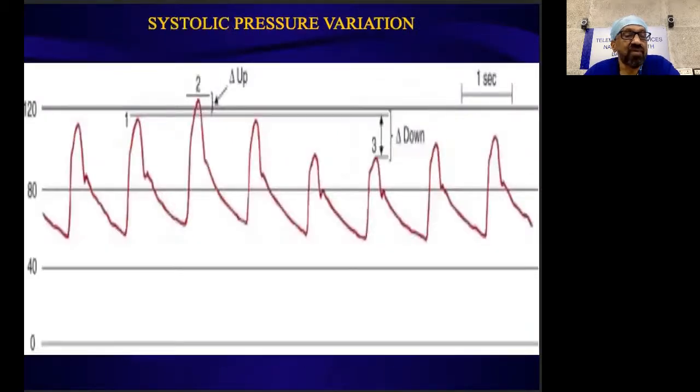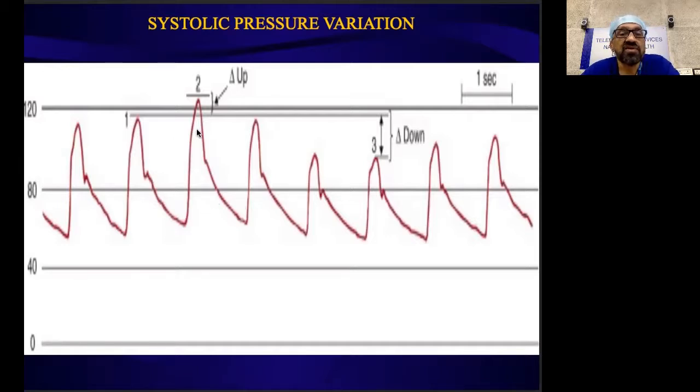The next aspect I would like to touch upon is systolic pressure variation. In patients who are on mechanical ventilation with a tidal volume of at least 8 ml per kilogram, and when the patients are fully sedated and paralyzed, there are cyclical variations in the arterial pressure waveform as a result of inspiration and expiration, that is, the respiratory cycle.